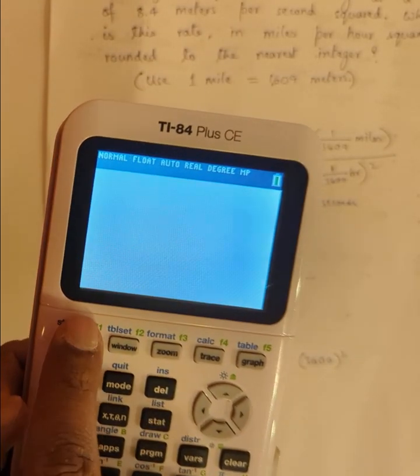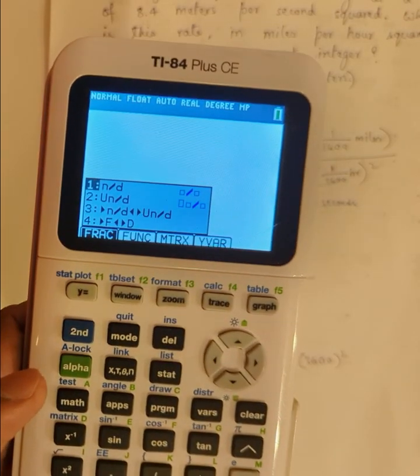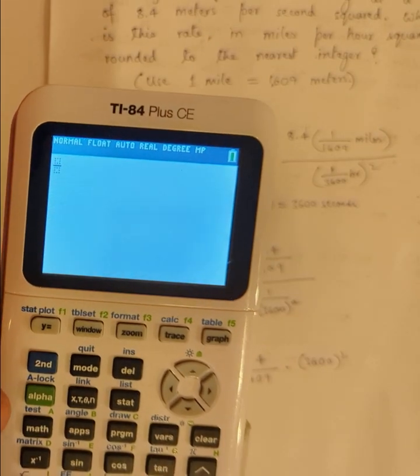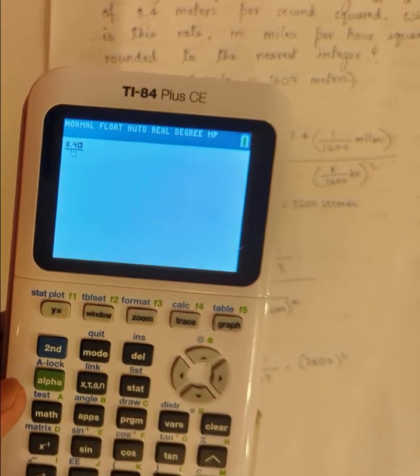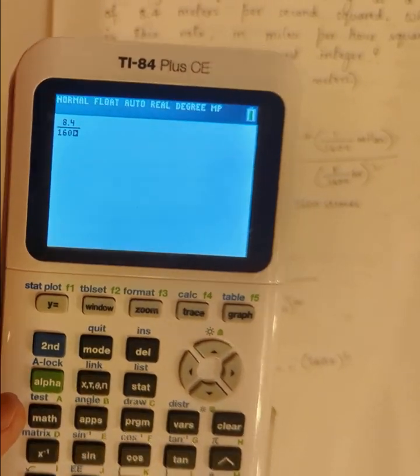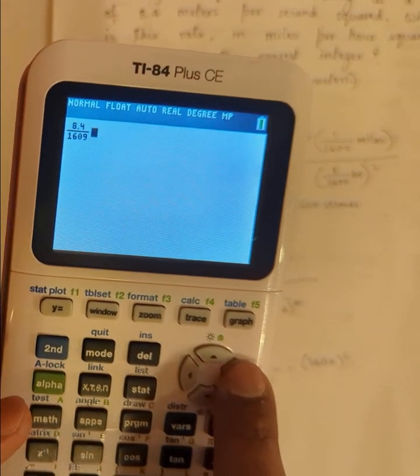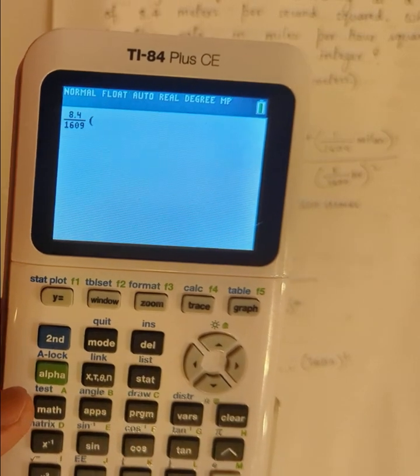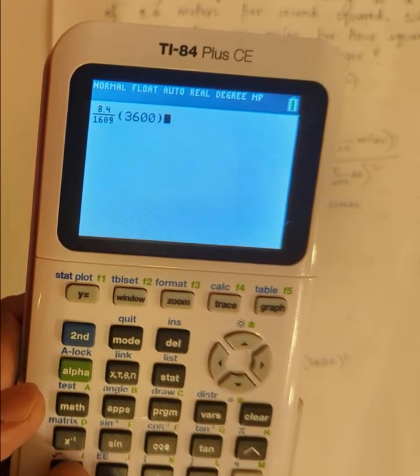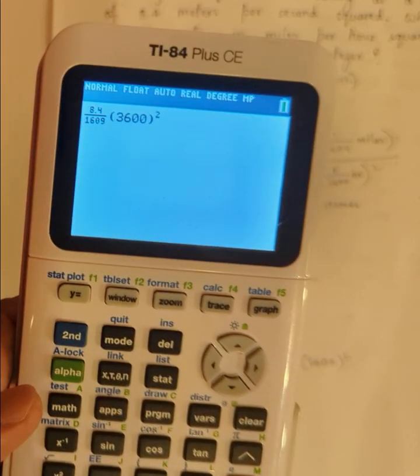If you go to alpha F1 and if you choose this N over D feature, then you can type the way you write the problem. So it's 8.4 divided by 1609 and come out of that fraction times 3600 square. Square key is right there.